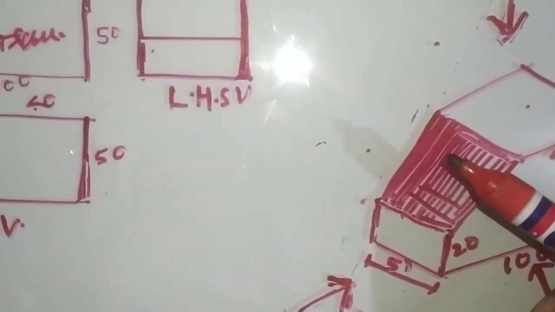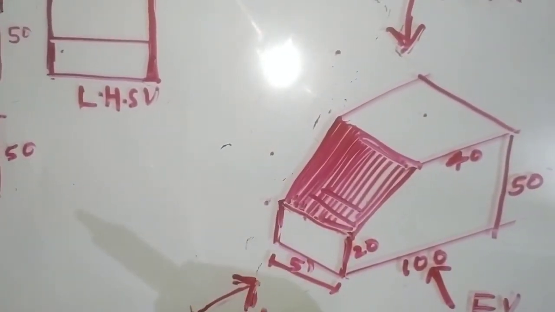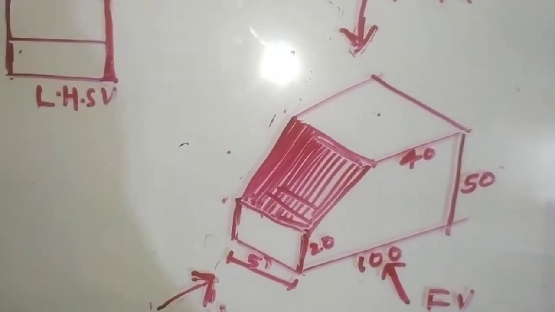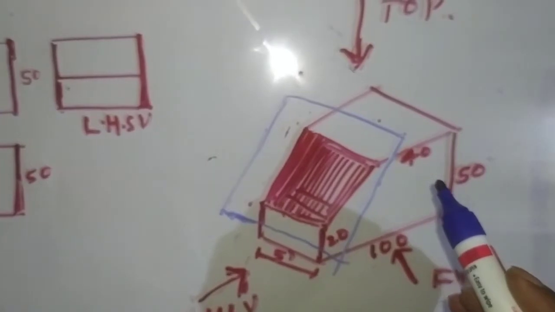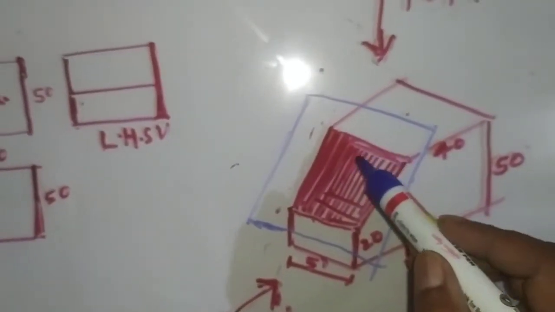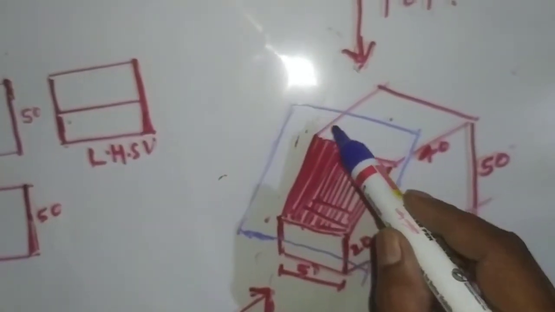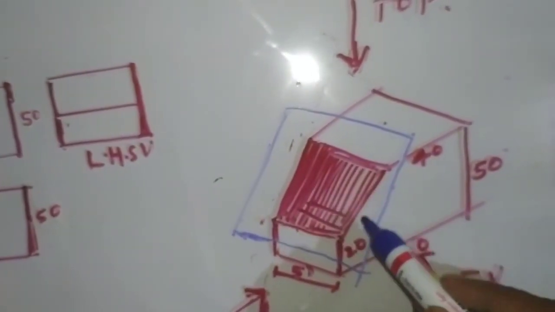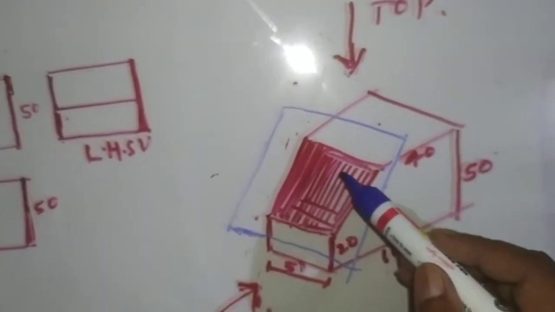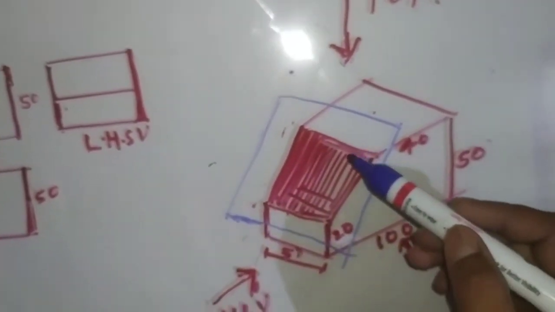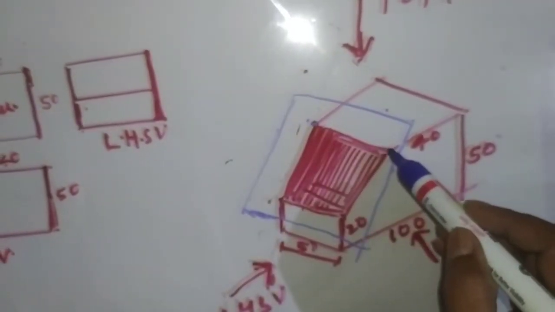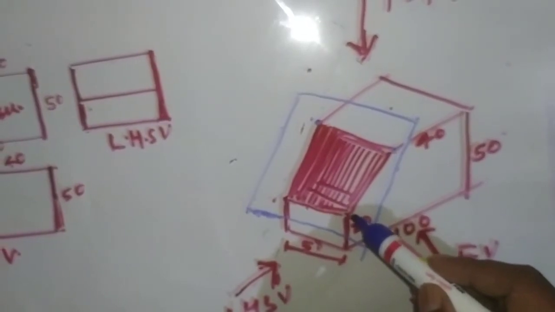For example, here I have kept one transparent glass on this surface, overlapped on this surface, and lifted it perpendicular. Then what image is formed? This will be the image formed here on the glass.